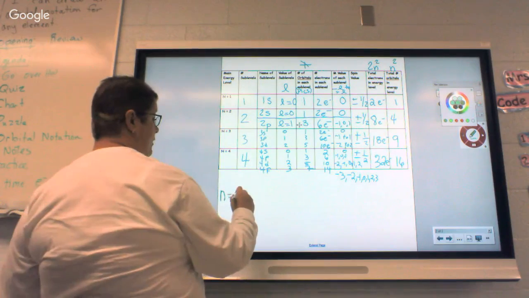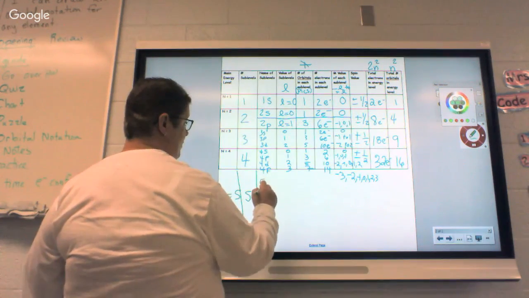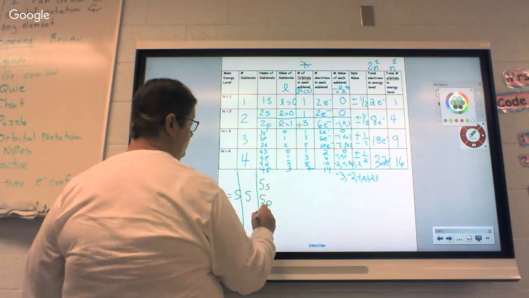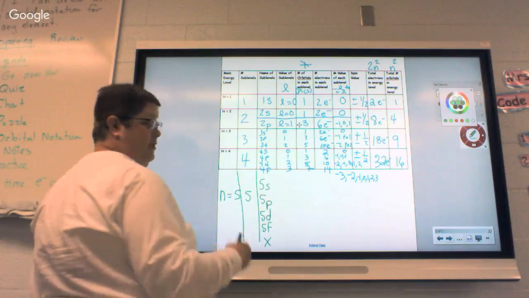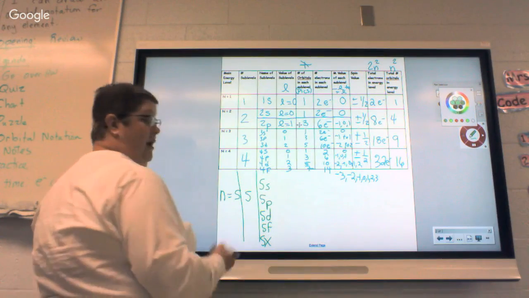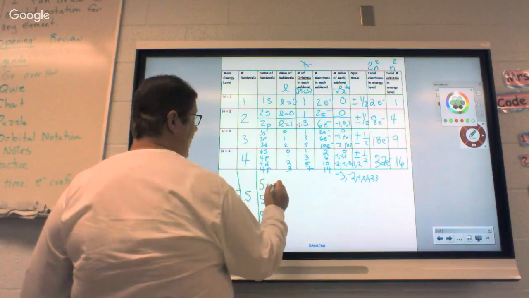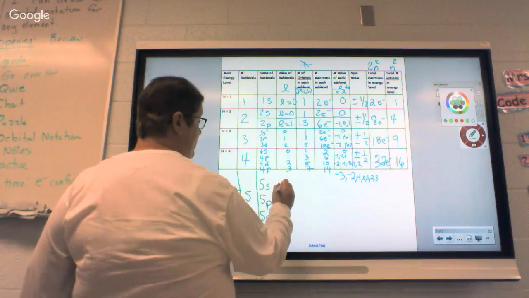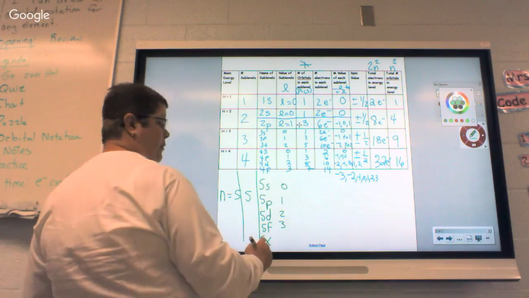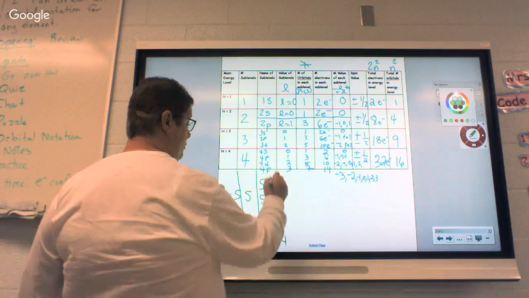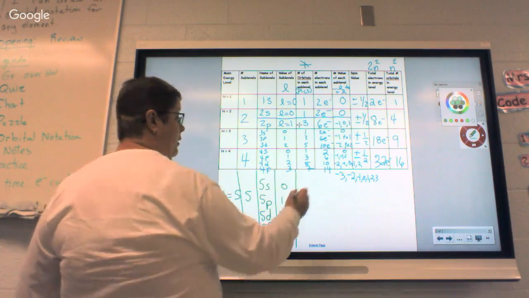So how many sublevels would there be? Their names would be, and I'm going to put X because we don't know 5X. I can look it up, but I have no idea. All right, so its values would be 0, 1, 2, 3, and what would its next value be? 4. All right, how many orbitals would S have?